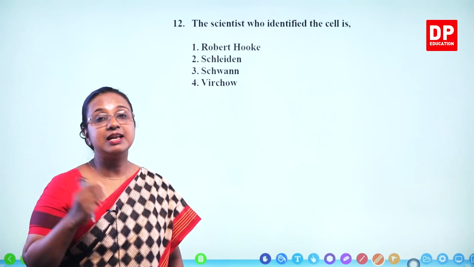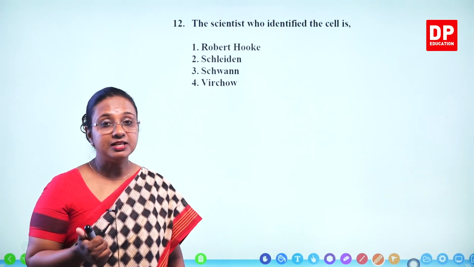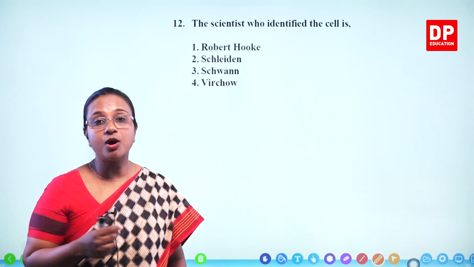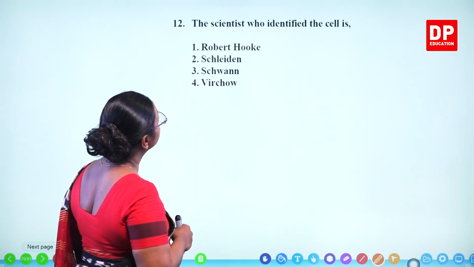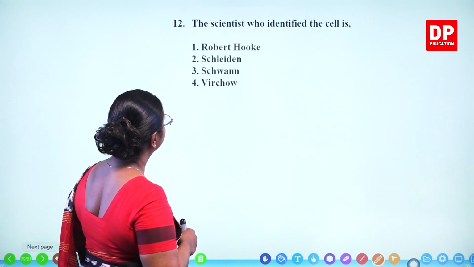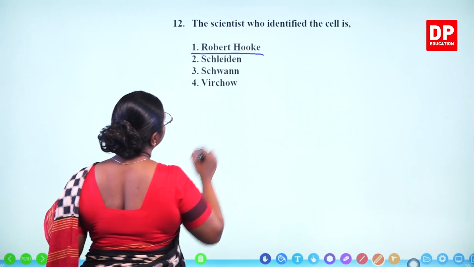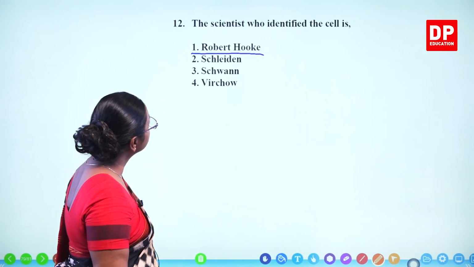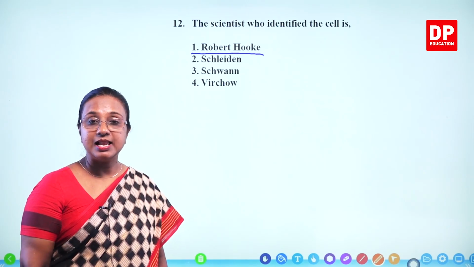And the 3 scientists who proposed the cell theory, Schleiden, Schwann and Rudolf Virchow. So, who is the scientist who identified the cell? That is Robert Hooke. And the others, Schleiden, Schwann and Virchow, they proposed the cell theory.